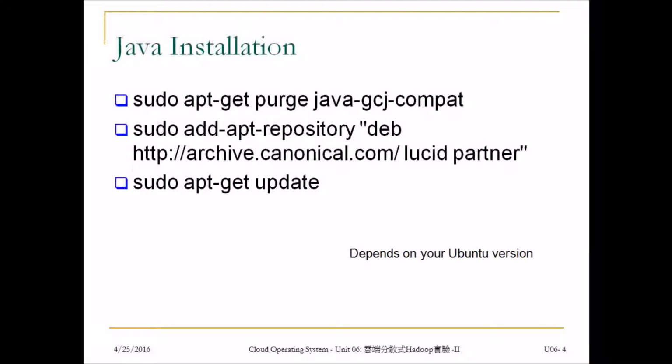After updating your environment, then you can try to get the Java. Here are the terminal commands to obtain the Java package. However, it depends on your Ubuntu version. If you use the current version of the Ubuntu Enterprise Cloud, some commands or parameters should be changed.